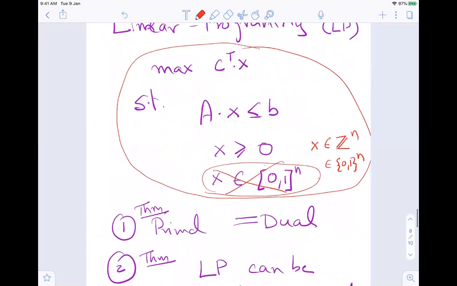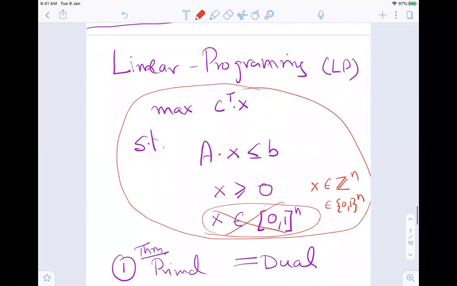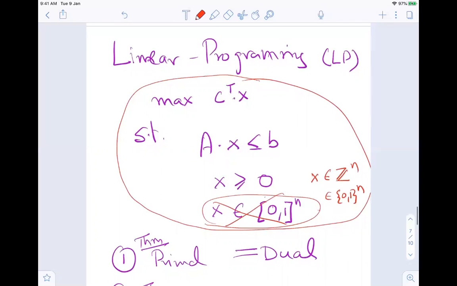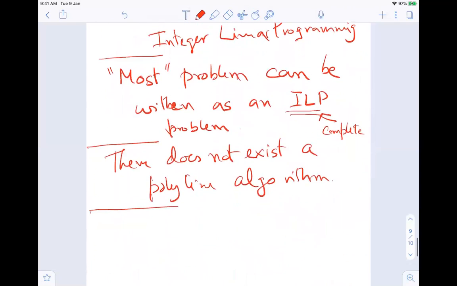We will be going more towards the area called complexity theory. Now, there are other generalizations that can also be asked. For example, why just linear? Why can't we do something else? And there are such things, like convex optimization.